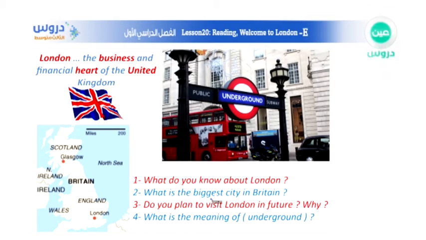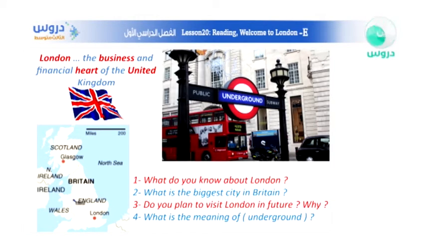Okay, let's move to the second question. What is the biggest city? Just city. So it is not the capital city. Okay. What is the biggest city in Britain? Do you know the biggest city in Britain?